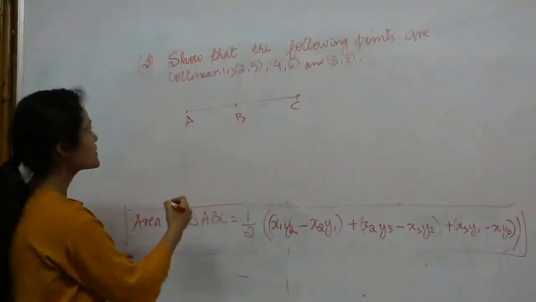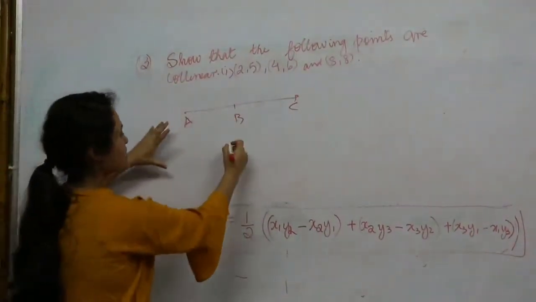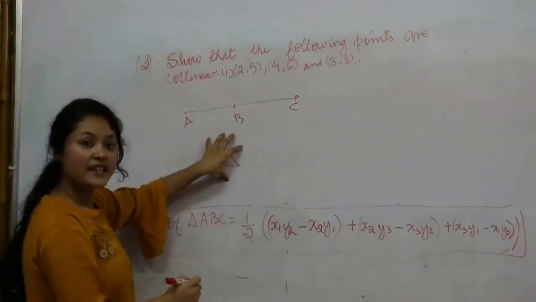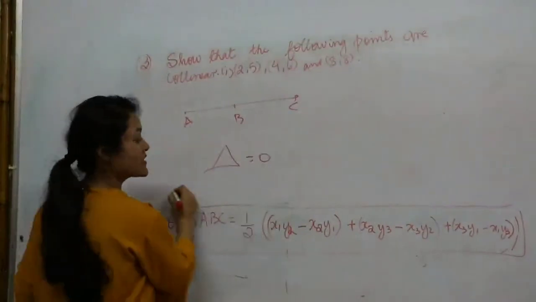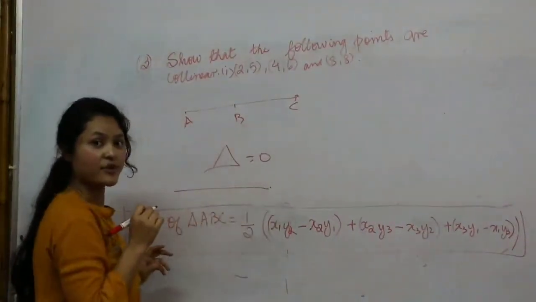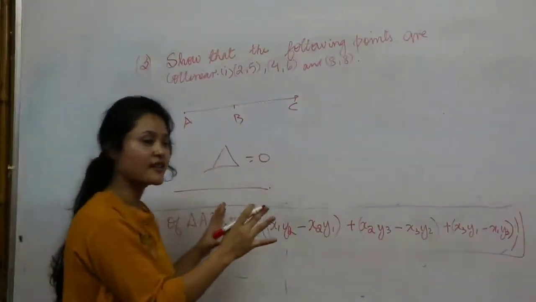So, to do this one, we will find the area. Suppose that this one is a triangle. If you get the area of a triangle equal to 0, that means all these 3 points lie on the same straight line. That is our aim. We have to show that the area of this triangle is 0. Let us do that.